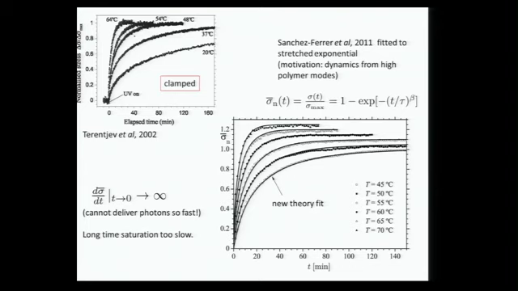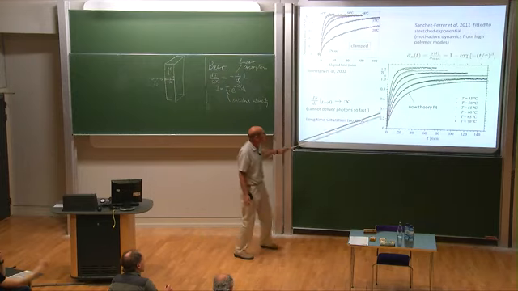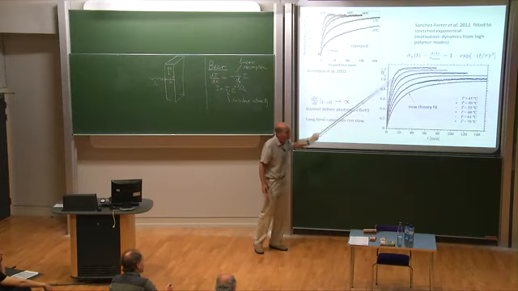That would mean we'd have to deliver photons to create this effect at an infinite rate, and we have a finite beam. The other problem is that at long times, this doesn't go on to this saturated form quickly enough. So my problem for the rest of this talk is to explain this phenomenon.